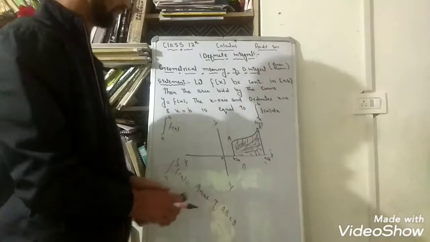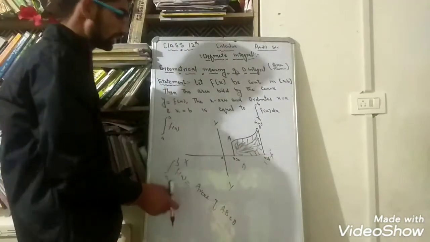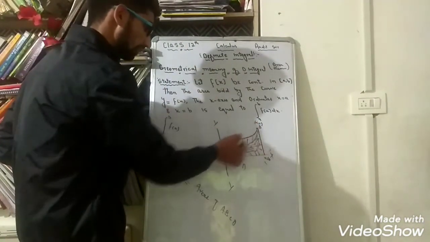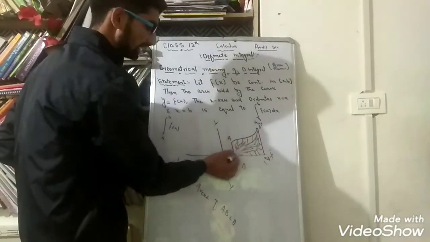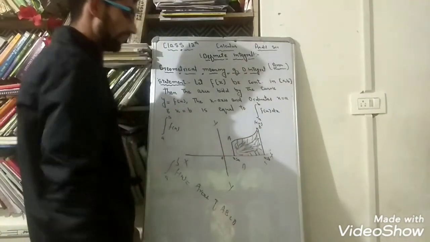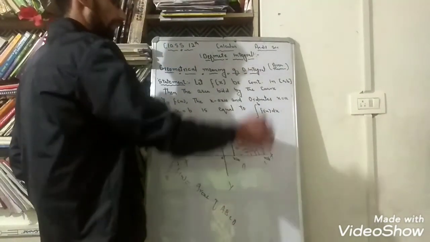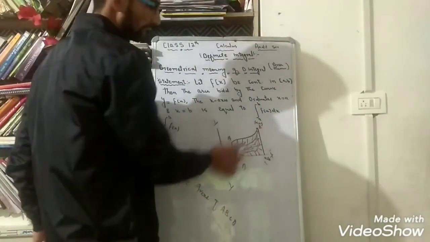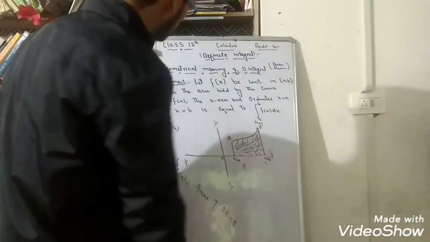What that means is, the statement says the area that is bounded by this curve and this line segment and this x-axis is equal to the definite integral of this function. So we are going to prove it, beta.